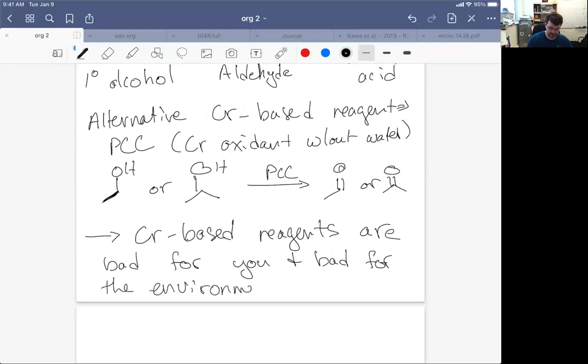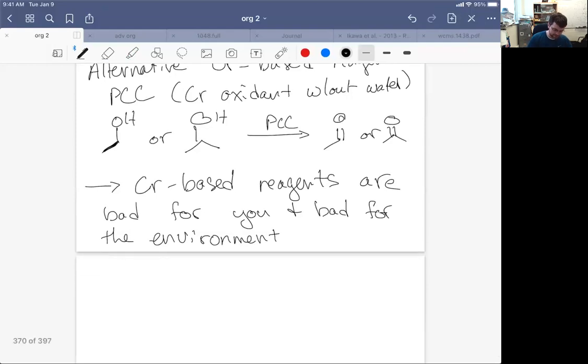These things are very important in industrial chemistry, making carbonyl compounds from alcohols. And we used to rely greatly on chromium-based reagents because they're so reliable in terms of making the bonds that we want to make. In this case, I guess, breaking the H bonds that we want to break. But they're just so bad for us in the environment that we gave up on them to move towards other reliable approaches that are more environmentally friendly. And so here we have some alternatives.